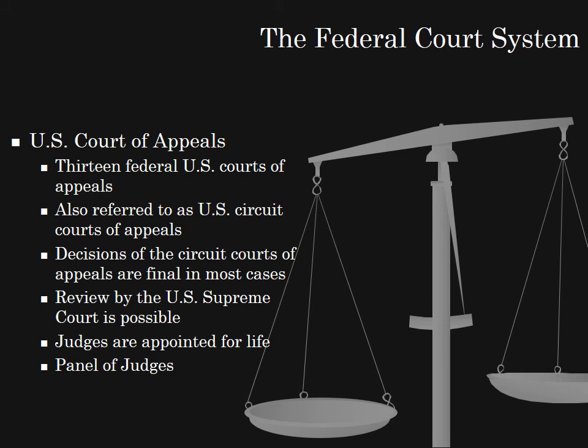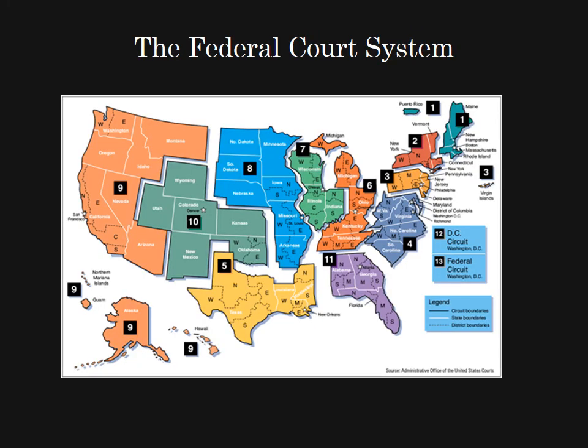Rarely does it go before the entire en banc judges on the Court of Appeals. So this is a diagram, a map of the United States showing the 13 circuits. As you see, we are in the 11th Circuit with Alabama and Florida.